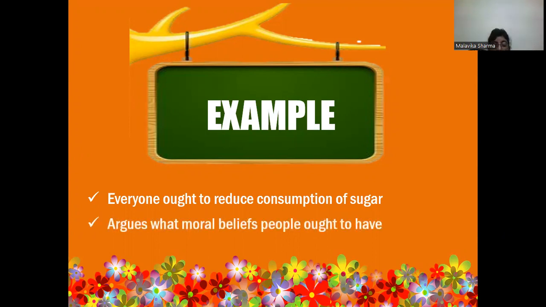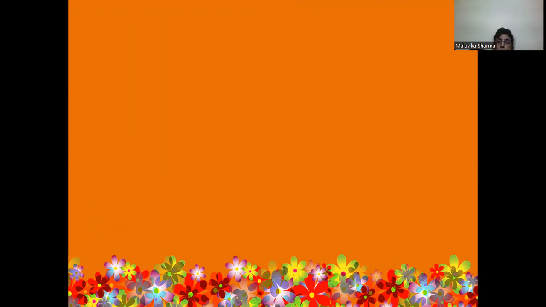So it actually argues the moral beliefs of the people and says that this is how you ought to behave in a particular situation. So depending upon the situation, you have to change your moral values and beliefs, or change the beliefs that you already have and try to put them in the perspective of what is right and what is wrong.